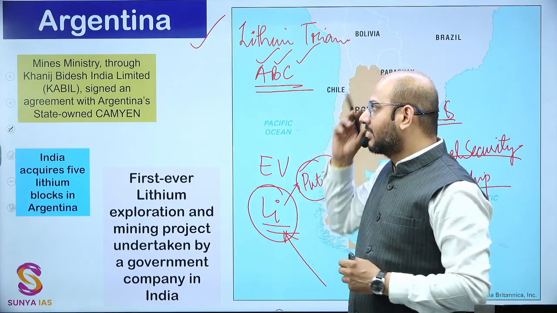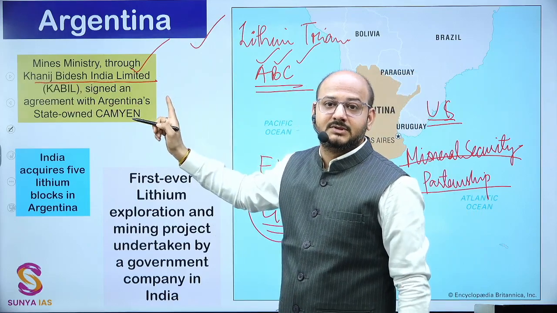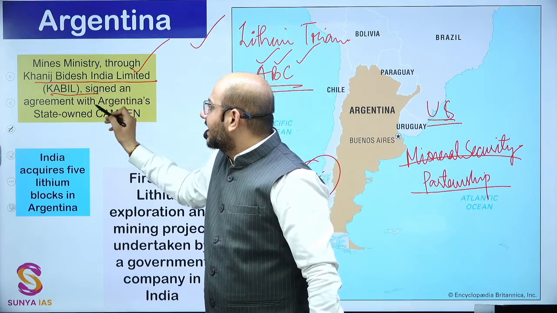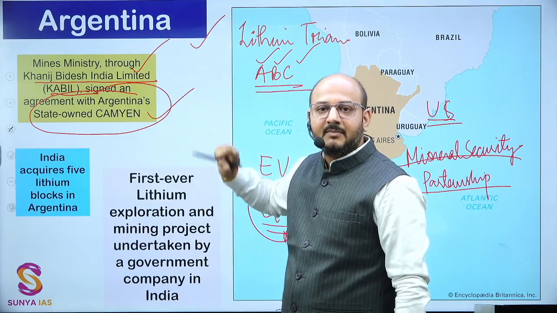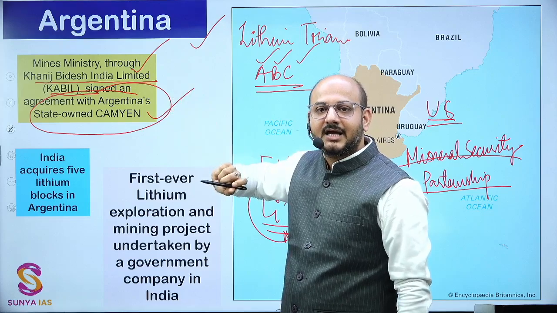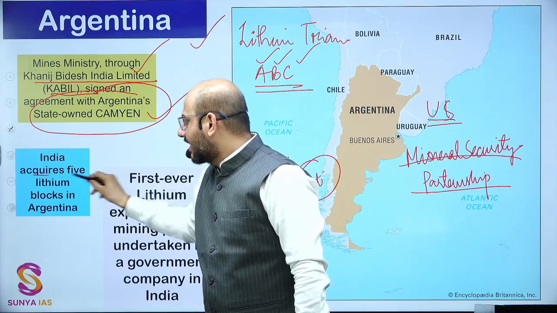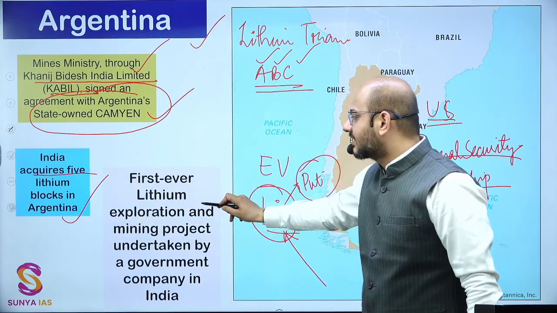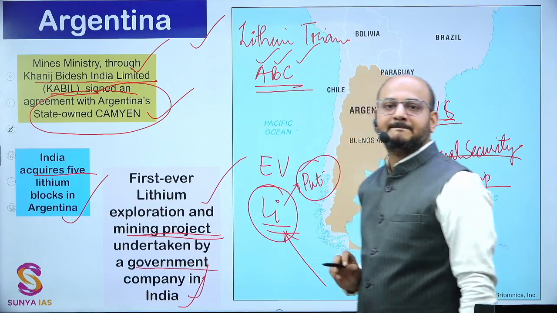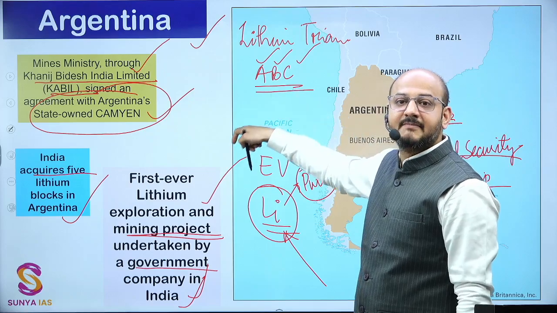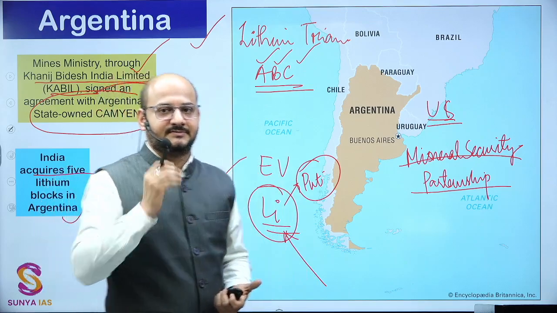A good deal about it is that Ministry of Mines's Khanij Bidesh India Limited, KABIL, signed an agreement with Argentina's state-owned Camyen. Okay, we have signed an MoU with Camyen there so that we can have lithium from there. India acquires 5 lithium blocks in Argentina, the first ever lithium exploration and mining project undertaken by a government company in India. So a government company will for the first time mine and bring lithium from Argentina. If this statement is given to you, first ever, don't get shocked in the examination.